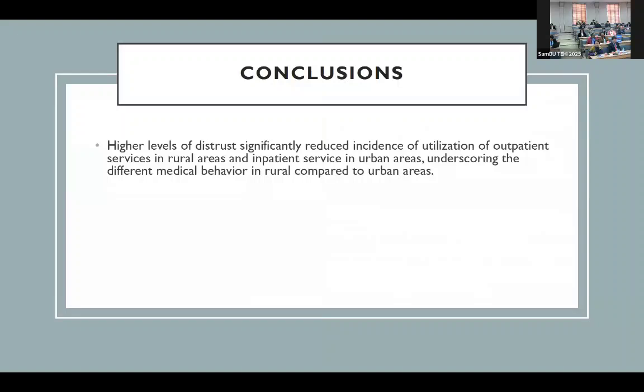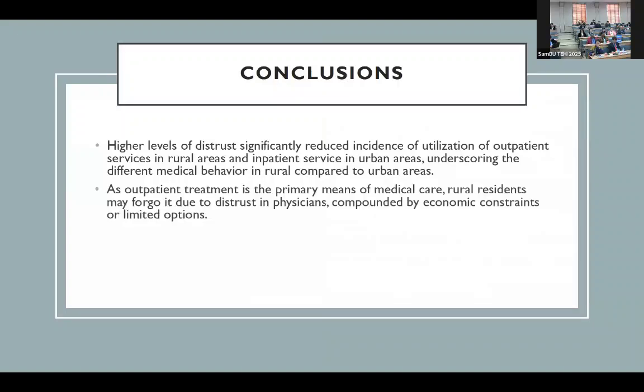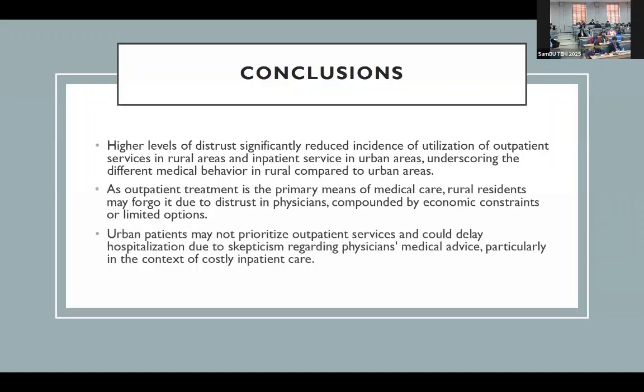So I will give some conclusions. A higher level of distrust significantly reduced the utilization of outpatient services in rural areas and inpatient services in urban areas, underscoring the different medical behavior in rural compared to urban areas. As outpatient treatment is the primary method of medical care, rural residents may forgo it due to distrust in physicians, compelled by economic constraints or limited choice.